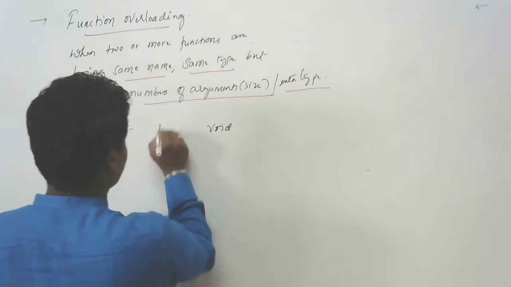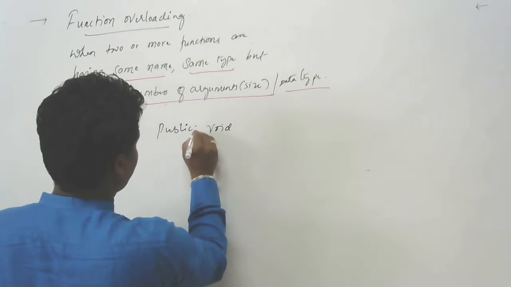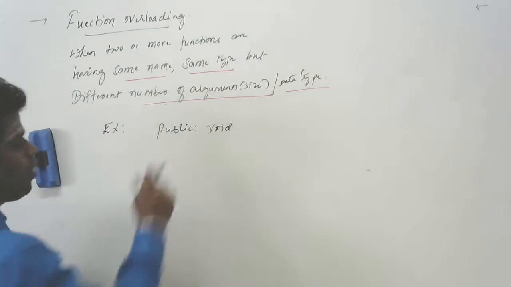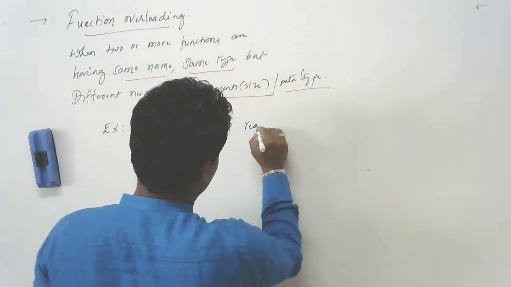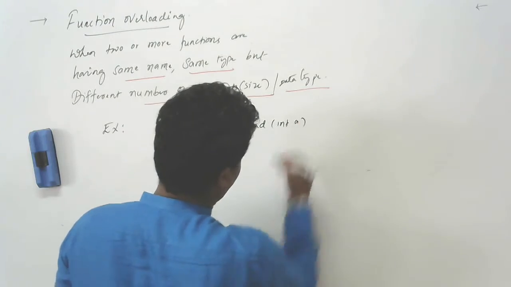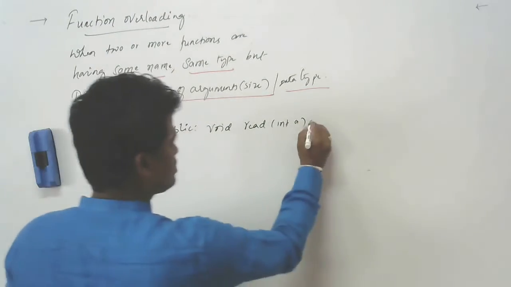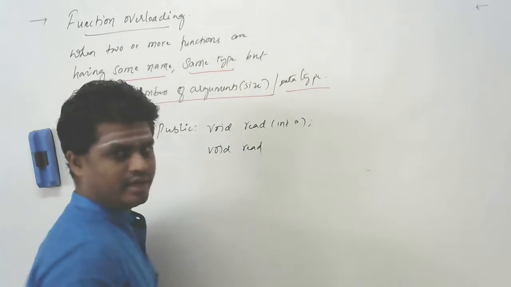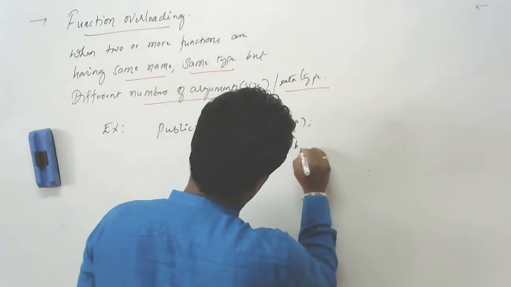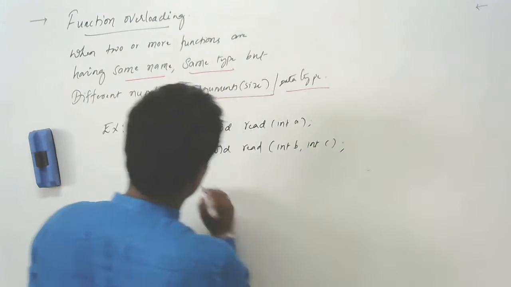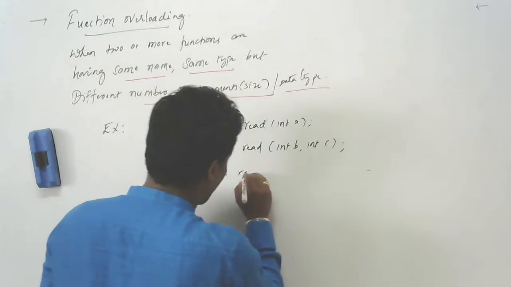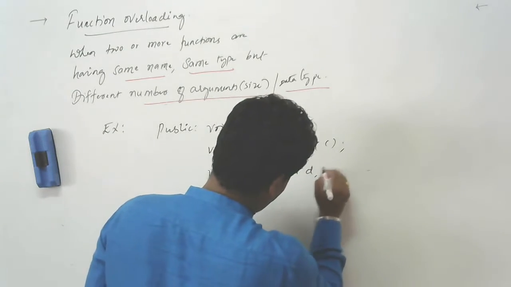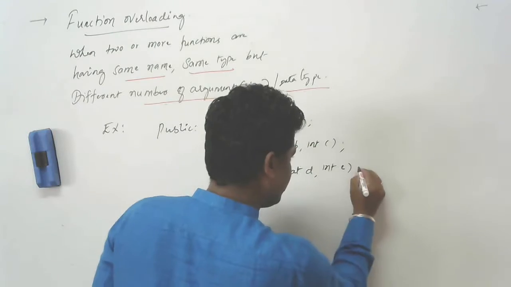This is the example which I am giving. Inside public, void read, here I will declare int a, semicolon. One more example: void read, here I will take int b, int c. Next, one more function named void read, but here I will take float d, int e.